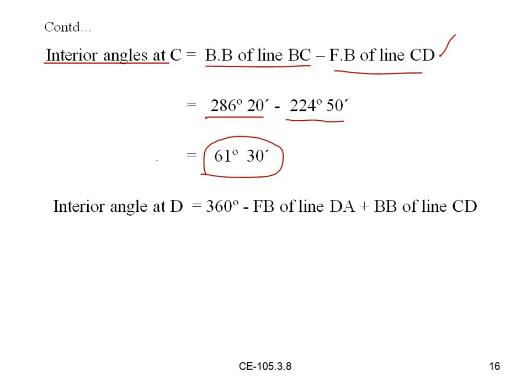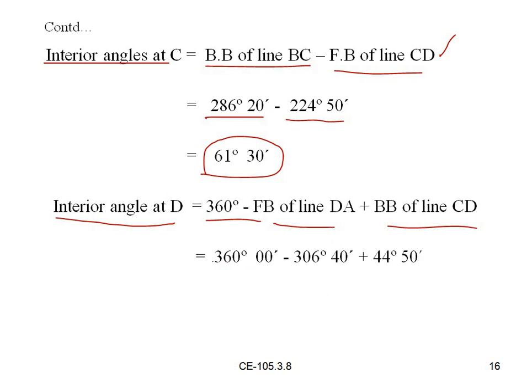Now the interior angle at D is equal to, finally we have to check, 360 degrees minus FB of line DA plus back bearing of line CD. So we take 360 degrees minus 306 degrees 40 minutes. Why are we doing this with 360 degrees?